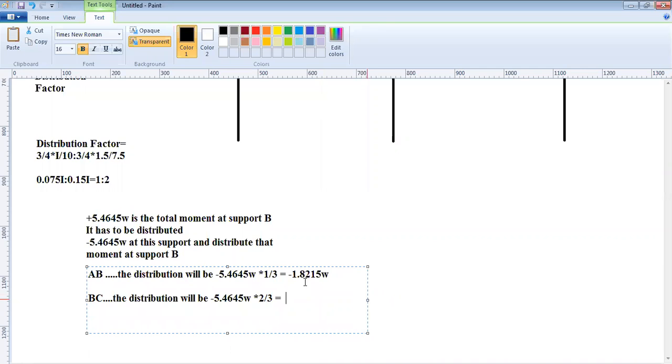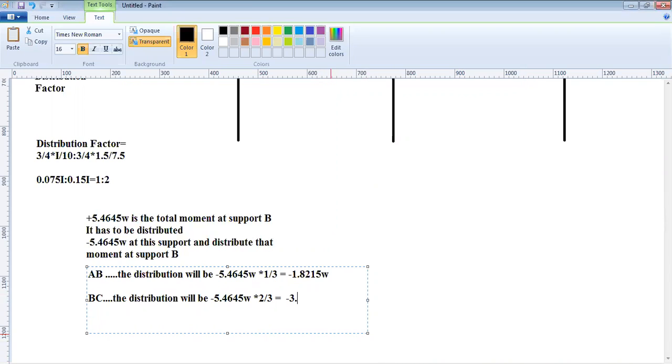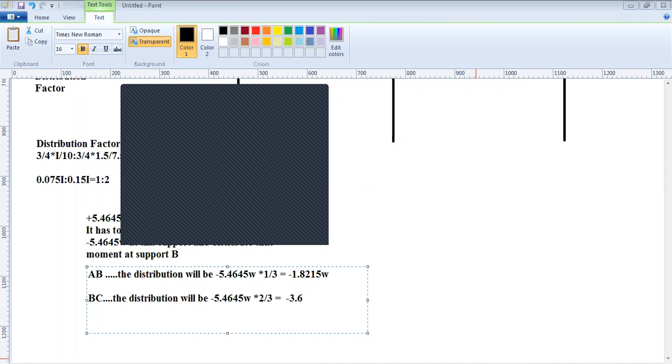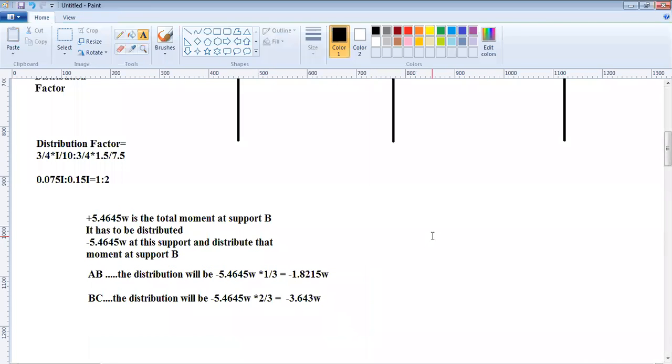So how much will this be? It will be minus 2 divided by 3 into 5.4645. So it's minus 3.643 into W.